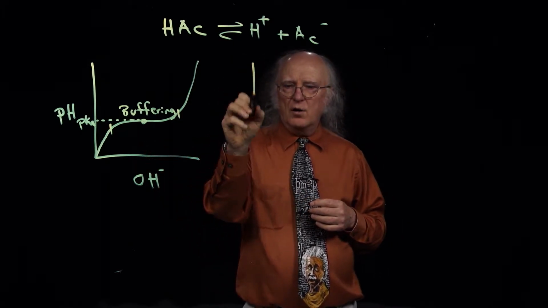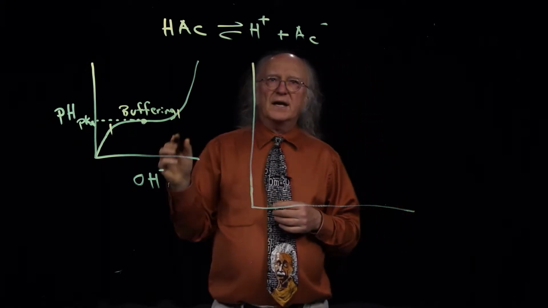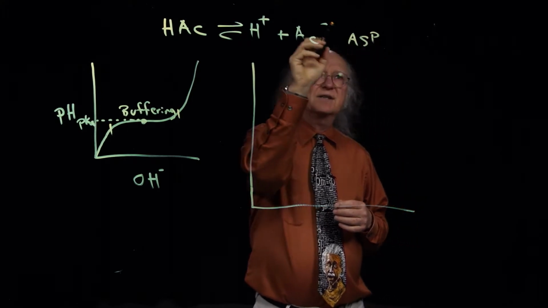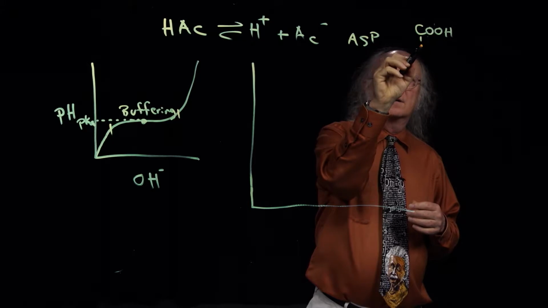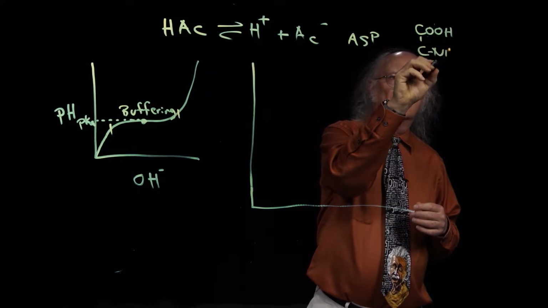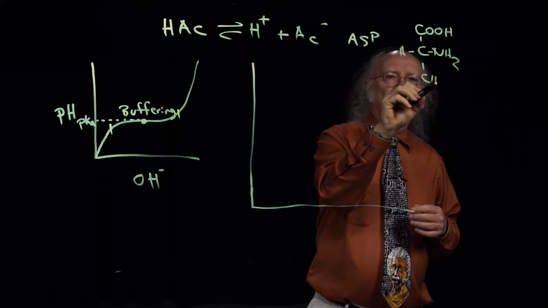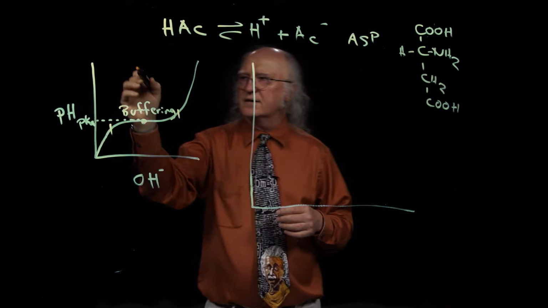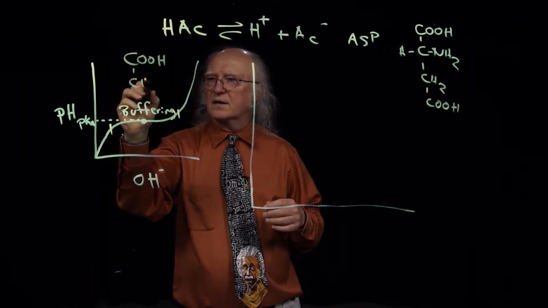What if we have a more complicated weak acid? Well, a more complicated weak acid might be aspartic acid. Aspartic acid, to give you an idea of its structure, looks like this. Acetic acid, I will remind you, looks like this.